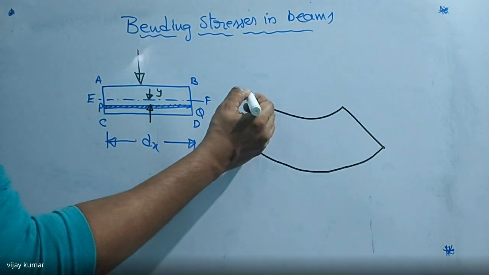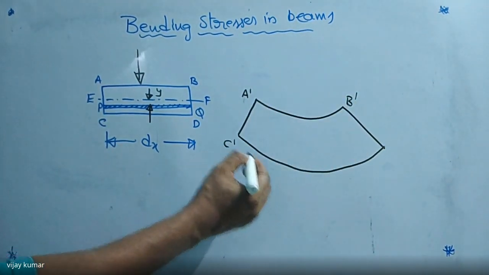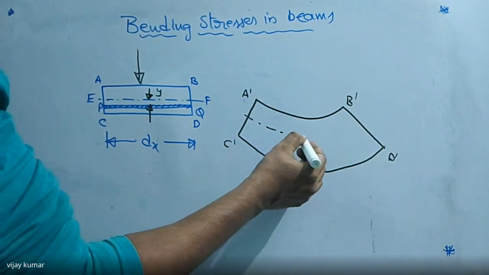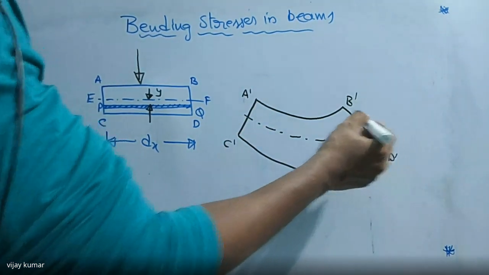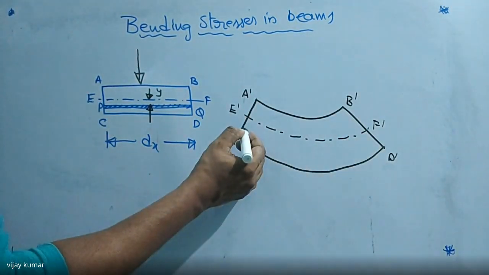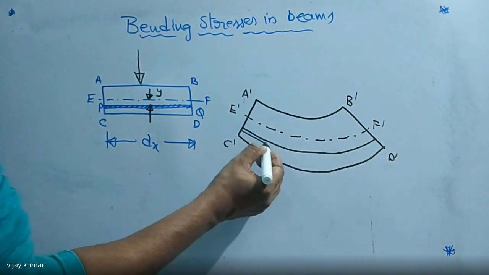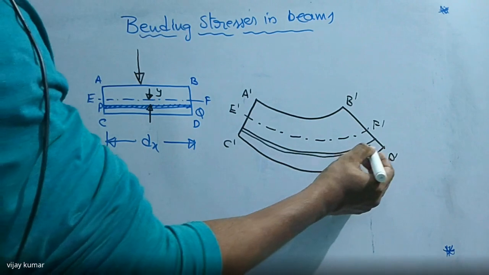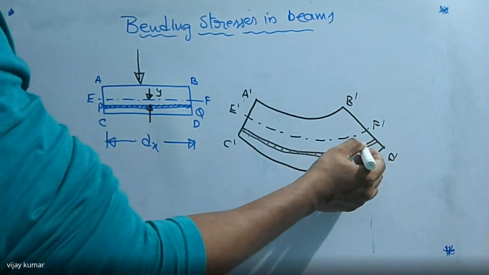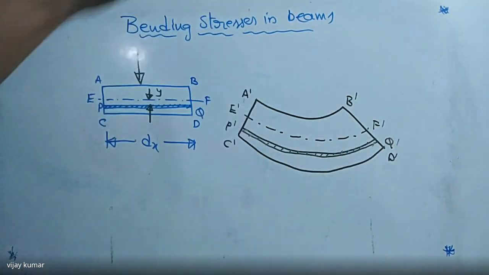So this point is nothing but A dash and B dash, C dash, D dash. This one is nothing but E dash and F dash. And this one is the layer, that is P dash and Q dash.